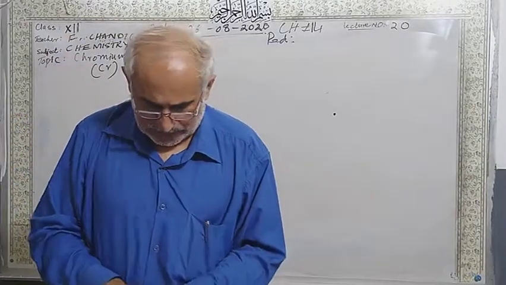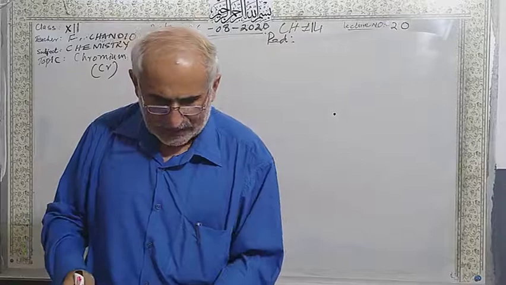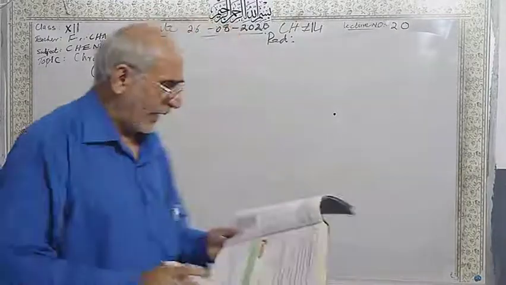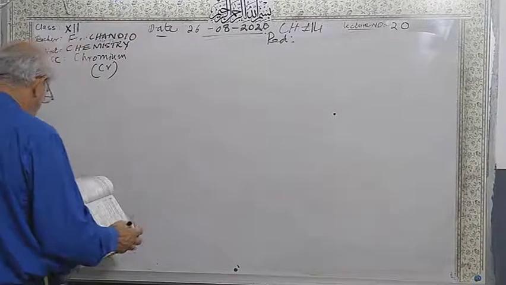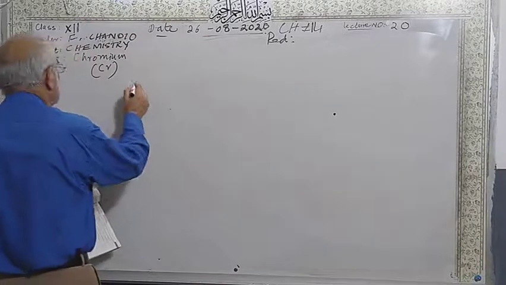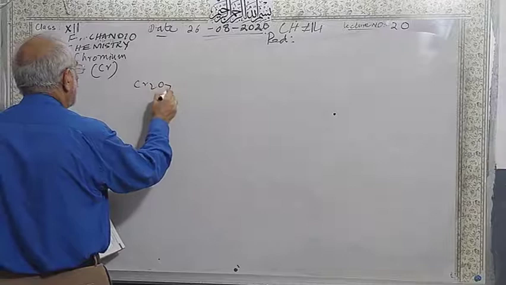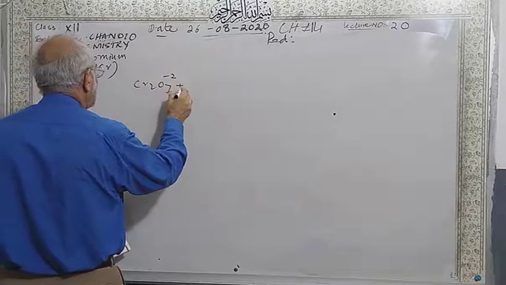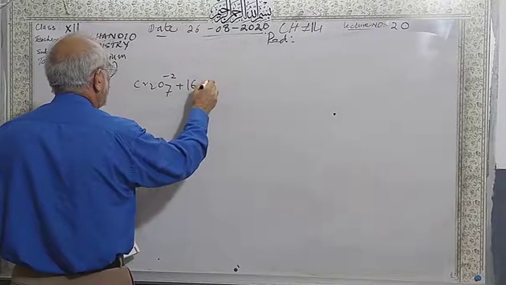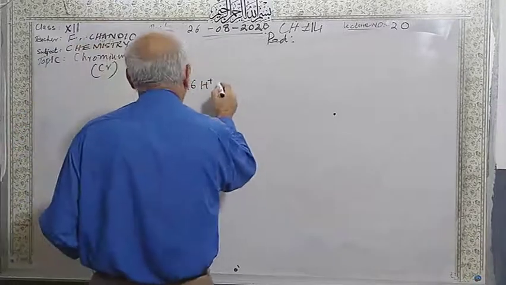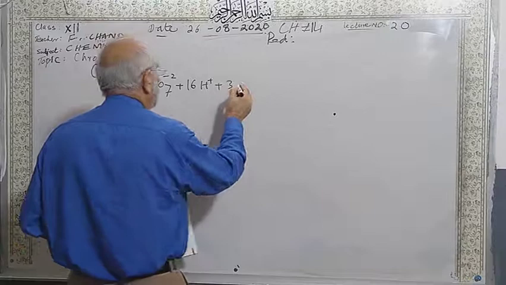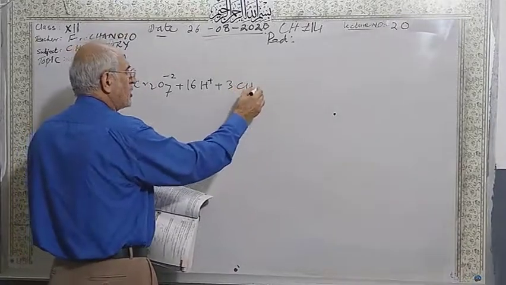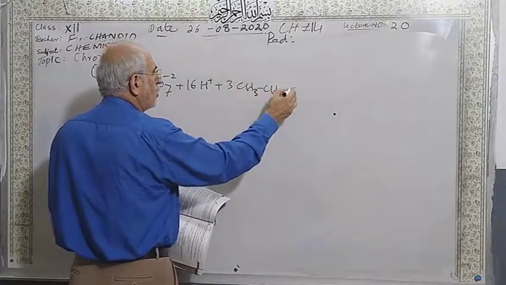So if you see the dichromate ions, Cr2O7 2- plus 16 hydrogen ions, and there is ethanol, 3 moles of ethanol, CH3CH2OH.